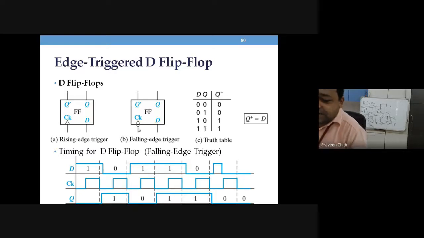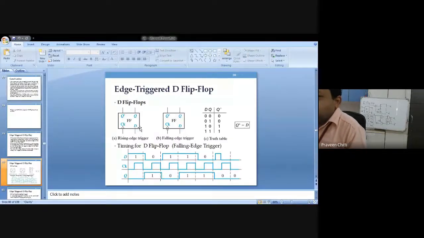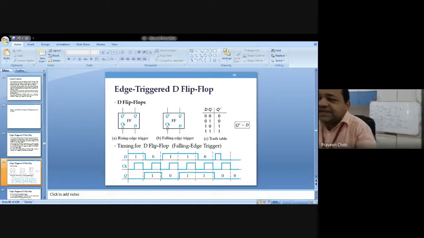After studying these two flip-flops, that is the SR flip-flop and D flip-flop, now we are going to study the JK flip-flop. We know that in the SR flip-flop there are two inputs, S and R, and depending on the values of S and R, when the clock is applied, we get the output. If S and R are both 0, 0, there will not be any change in the output; the output remains the same.